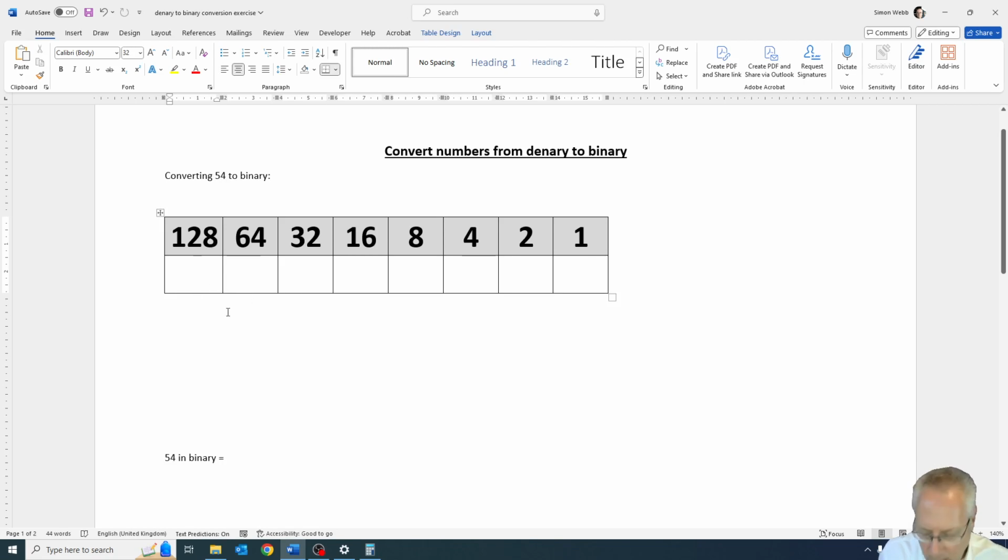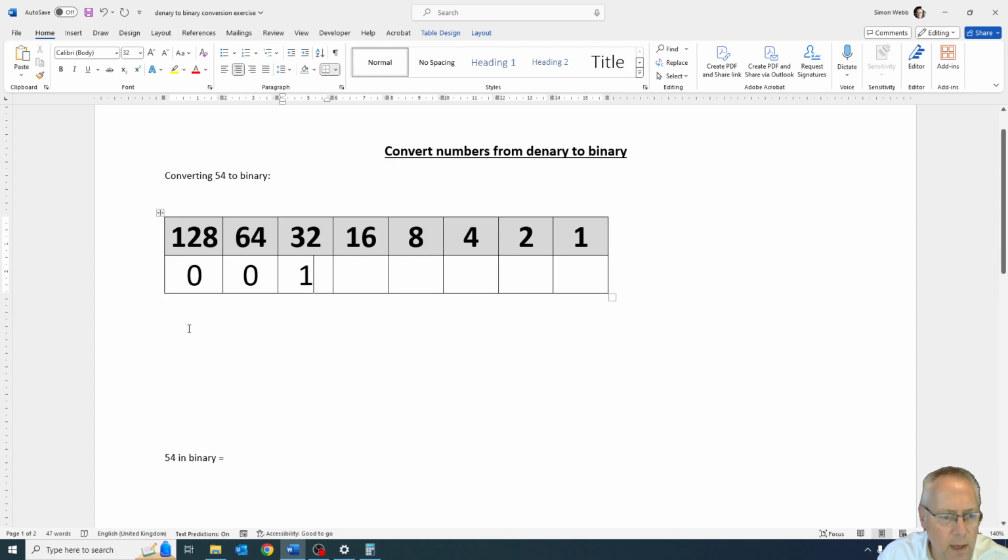Well, it's not, so we're going to put a 0 in there. So we move to the next one. Is 54 bigger than or the same as 64? No, it's not. So that is also a 0. Is 54 bigger than or the same as 32? Yes, 54 is bigger than 32, so that is a 1.